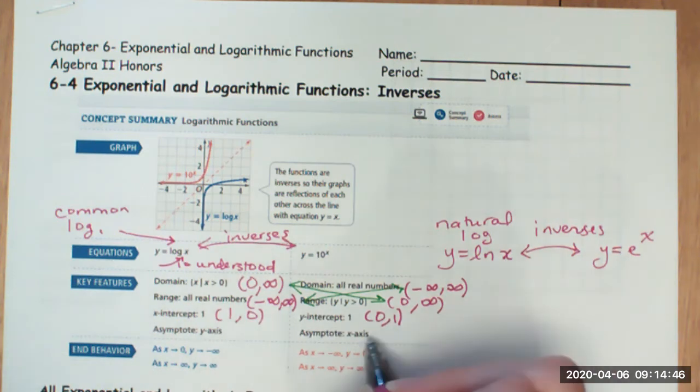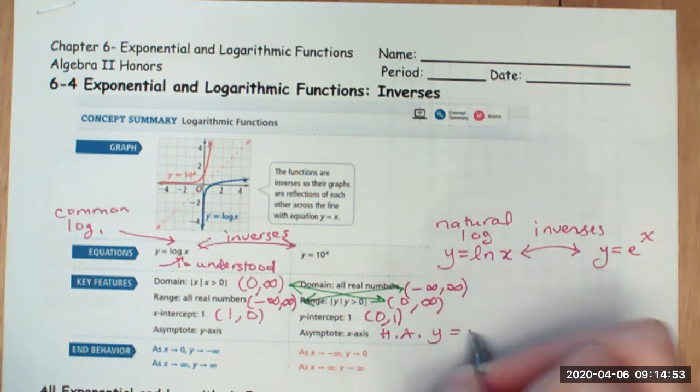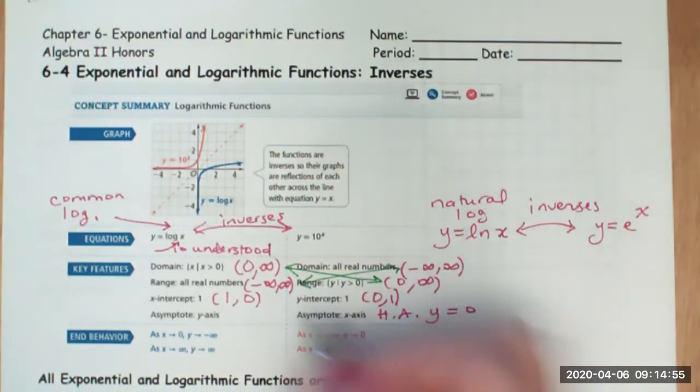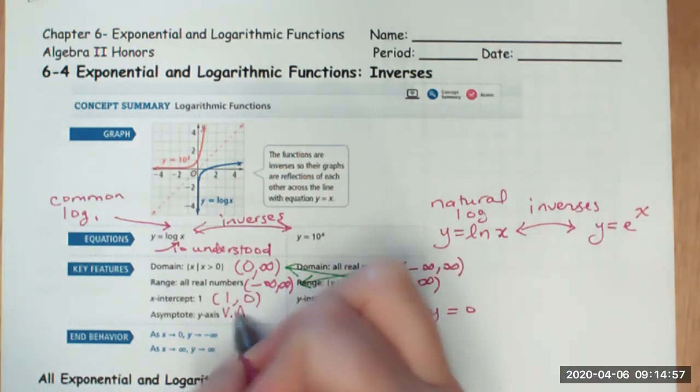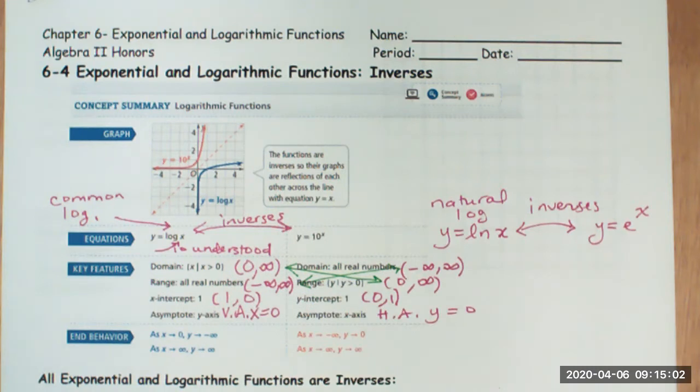And as you remember, when we graphed the horizontal asymptote, the x-axis, y equals 0 for the parents, and here we're going to have a vertical asymptote at x equals 0, the y-axis.